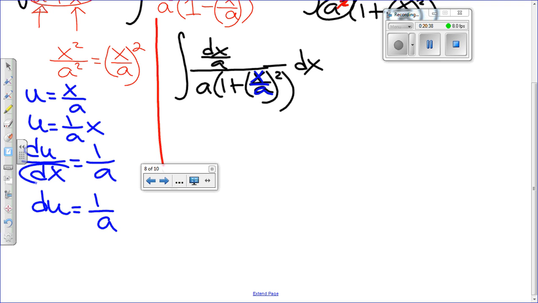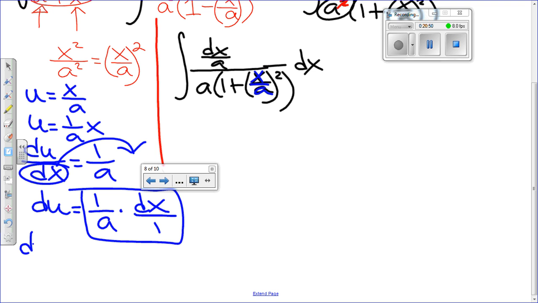If we take this dx, which is dividing, to the right side, it will be multiplying. So dx will be there. And of course, if we multiply these two fractions on the right side, it will just be du is equal to dx over a. So we could just leave it like that.